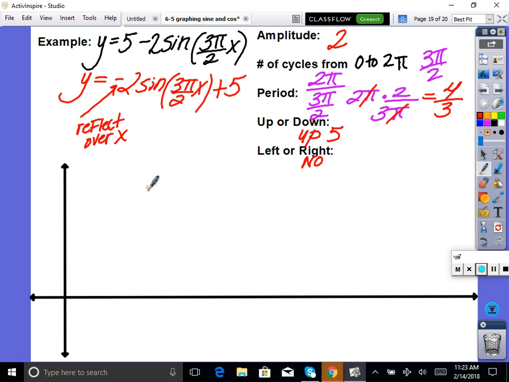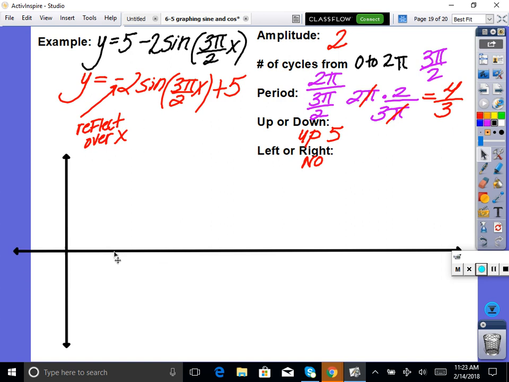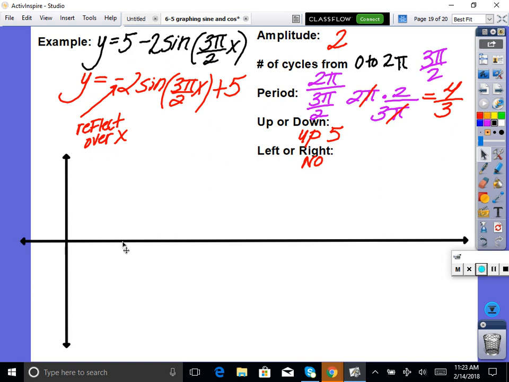So if there was a shift left or right, I would list out my parent function points for sine. Then I would just do the transformations like we did on the last problem. This one's going to be easier since there's not a shift left and right. So is anyone mad if I just do it the easy way? Do you get what I'm saying though when I say you would just do it like the other one? You would list out the parent function points and you would just do that same process.